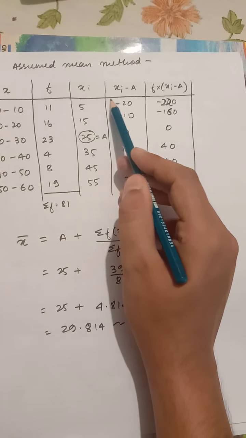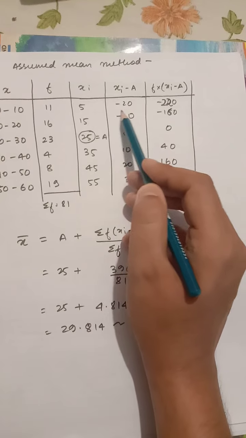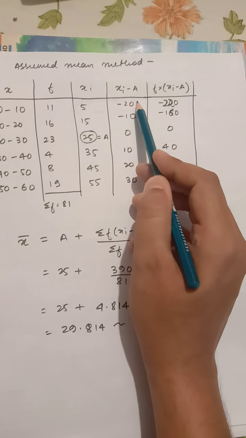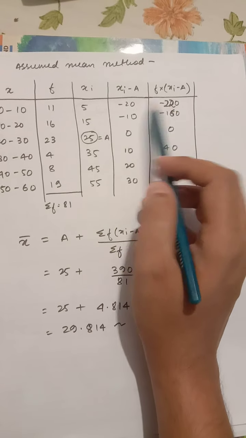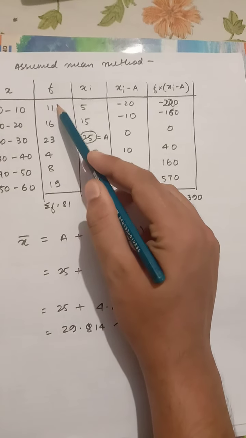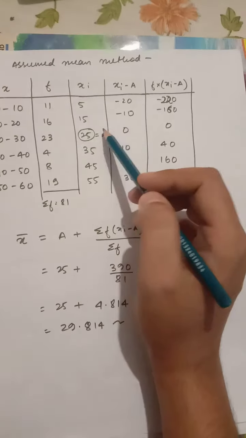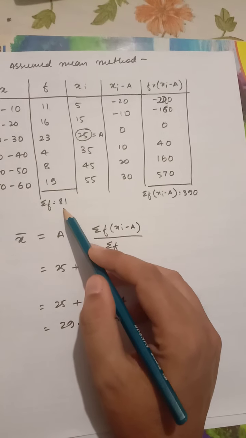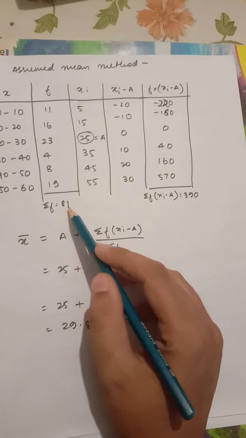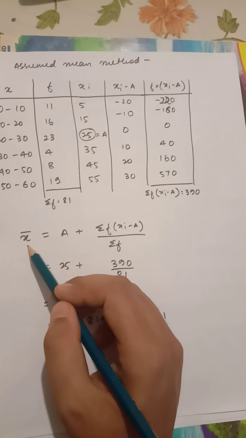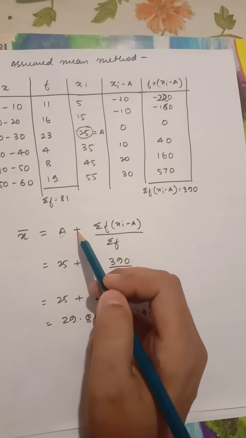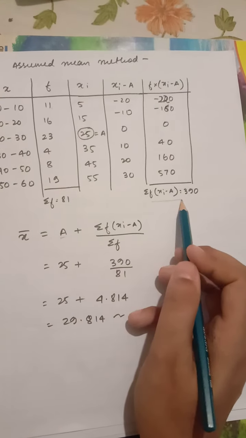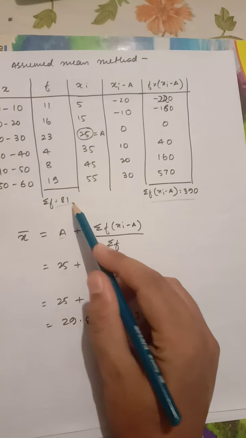The mistake students used to make here is multiplying these two columns. Never do that; multiply the frequency with the deviation. After multiplying, we add them up to get the sigma value, and the sigma of frequency. Then the mean equals the assumed mean plus sigma fd by sigma f.